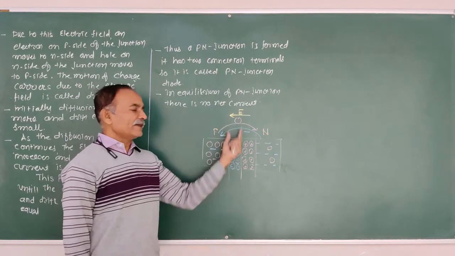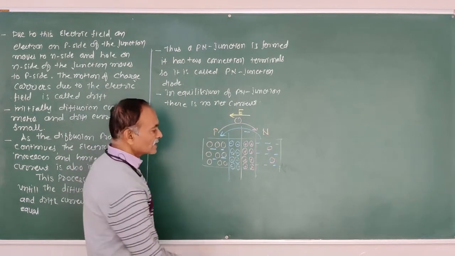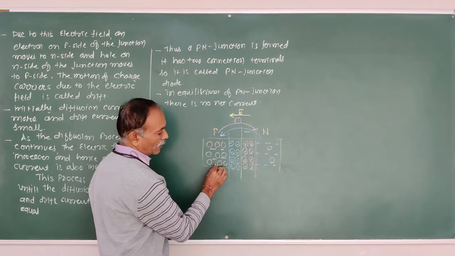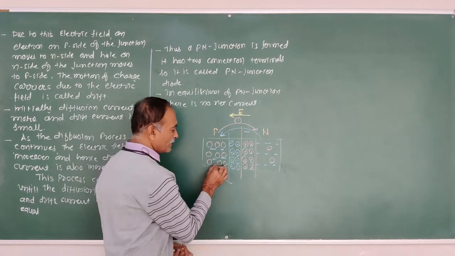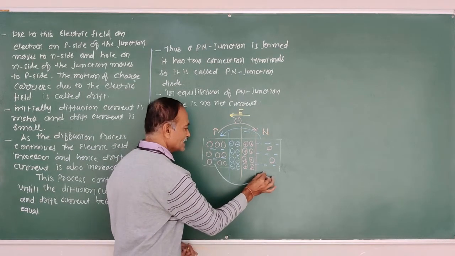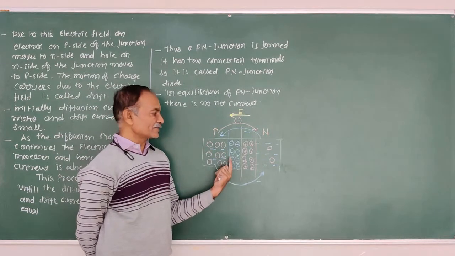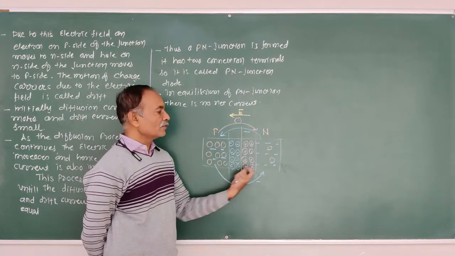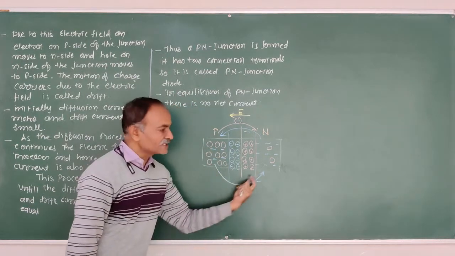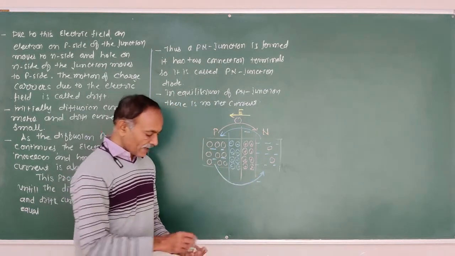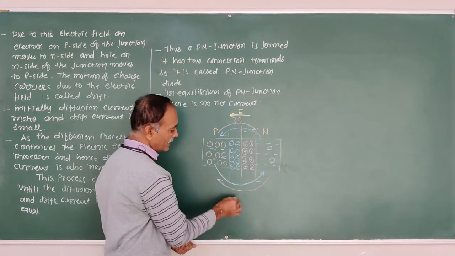When the electric field becomes sufficiently strong, it pulls the electrons and holes across. Therefore, the electron now moves from the P region to the N region, and holes move from the N to the P region.